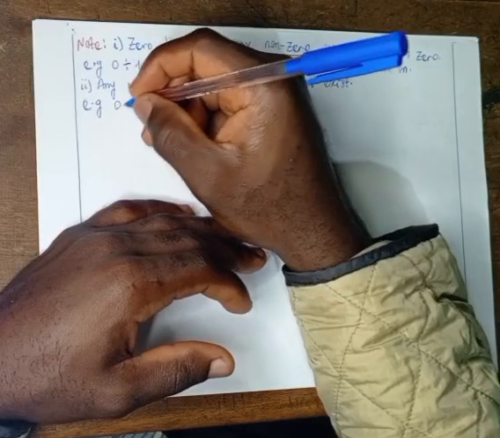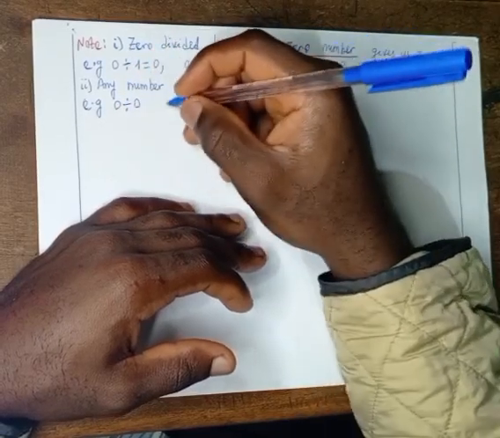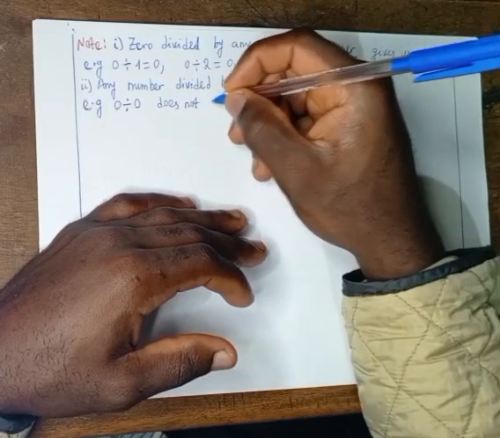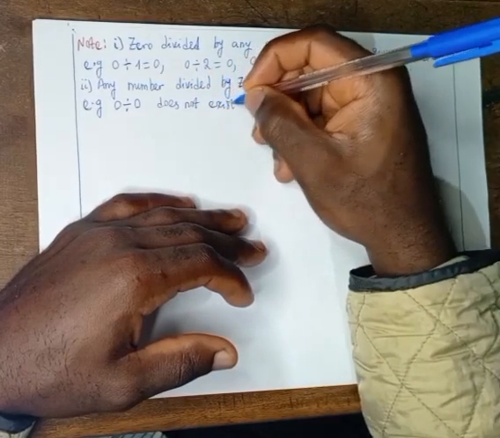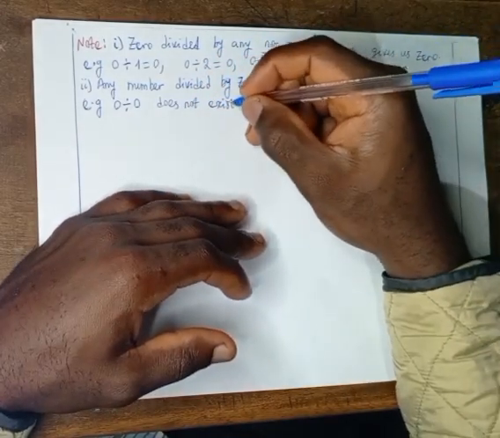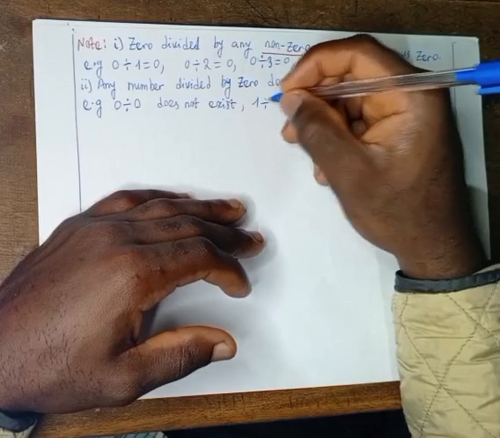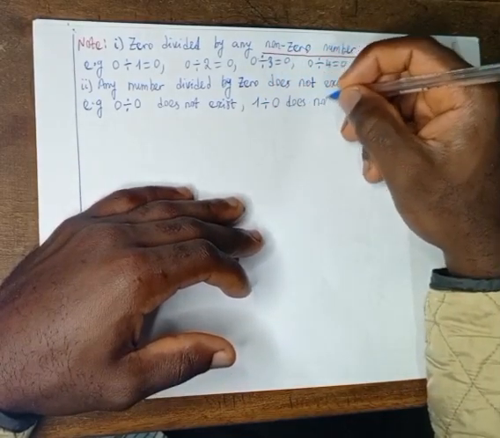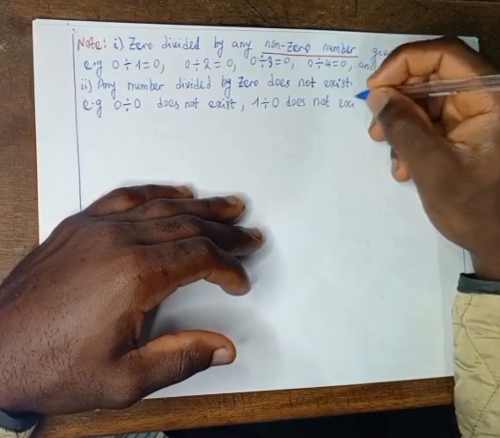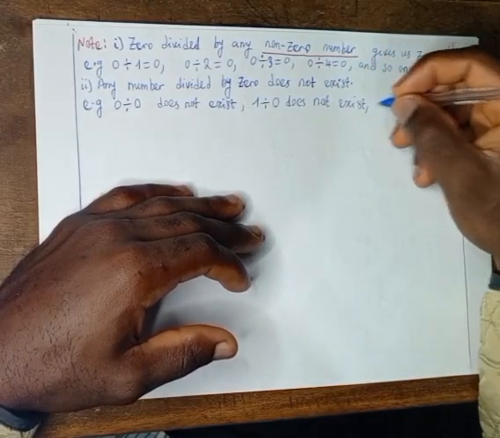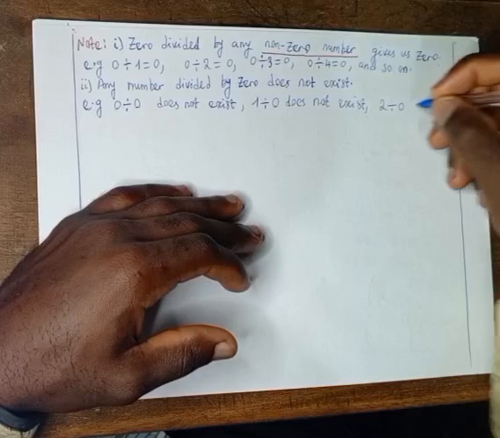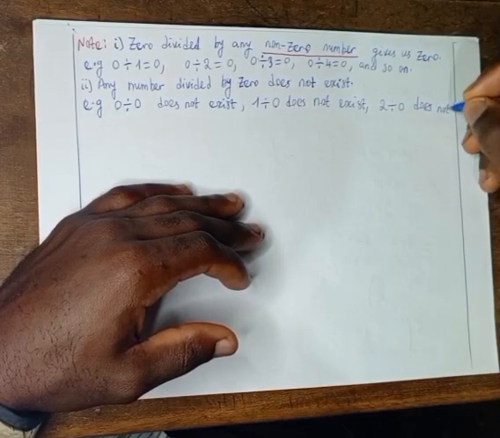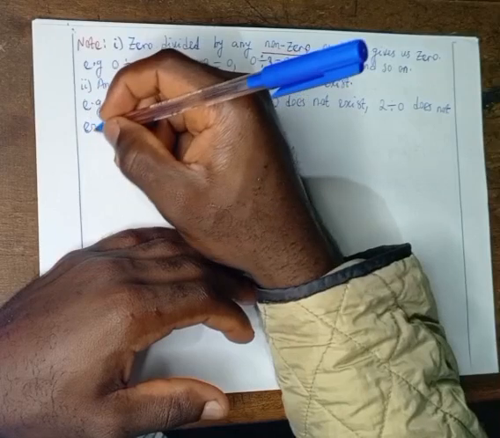For example, if you divide 0 by 0, it does not exist. If you divide 1 by 0, it does not exist. If you divide 2 by 0, it does not exist.